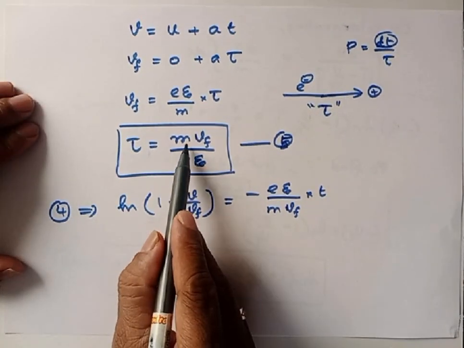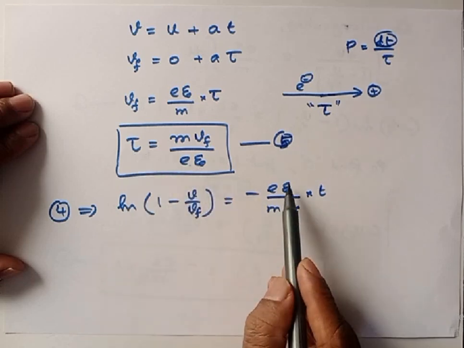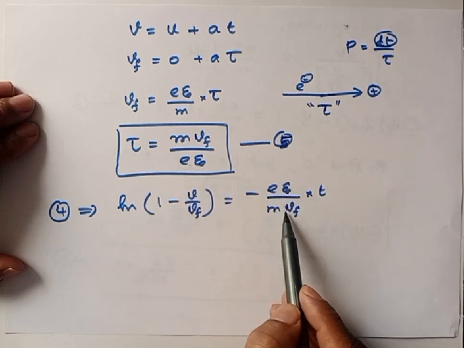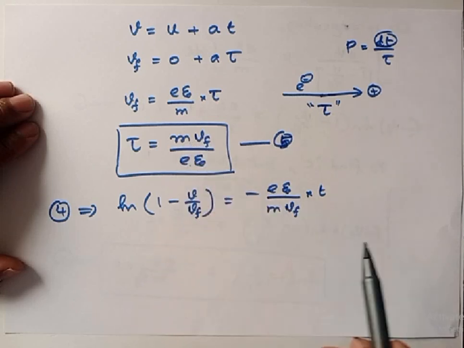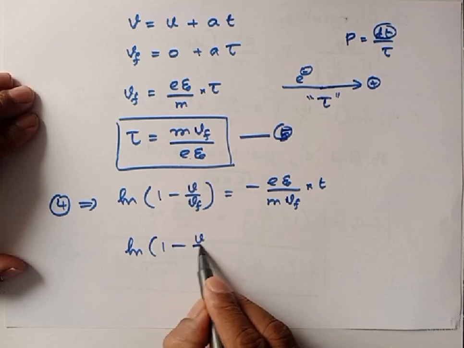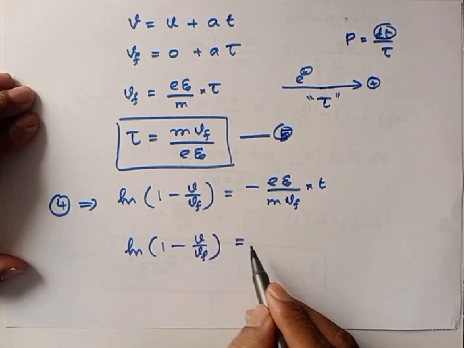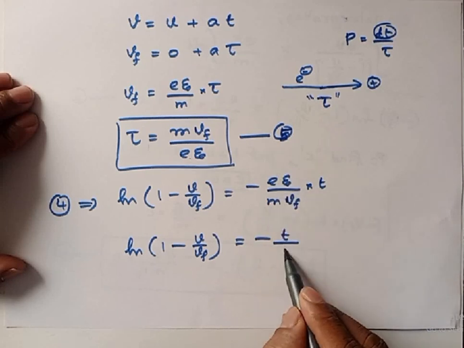Now see here, m into Vf by E into epsilon is tau. Here we have E into epsilon by m into Vf. So it is nothing but reciprocal of tau, correct? So this equation now becomes ln of 1 minus V by Vf equal to minus, so we have T here, and this quantity can be written as 1 by tau.